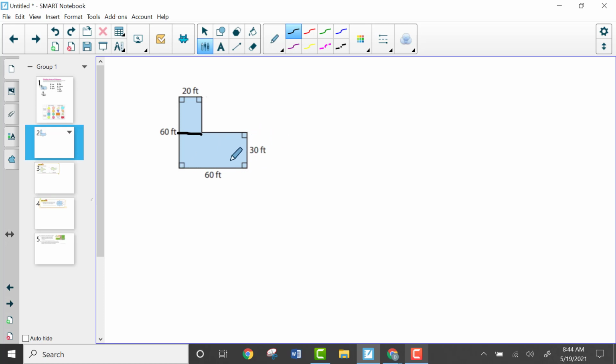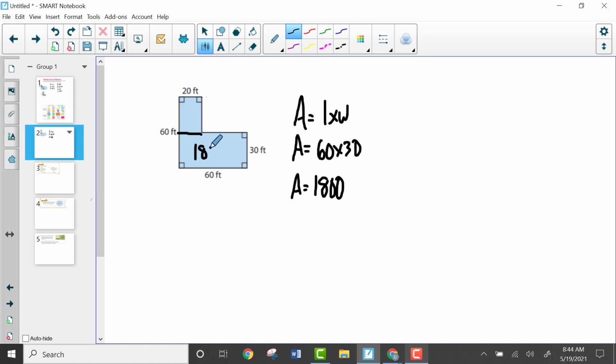I have the measurements of 60 and 30. We write down the formula, length times the width, so 60 times 30. The area for that is 1,800. I like to write 1,800 right in my shape there.